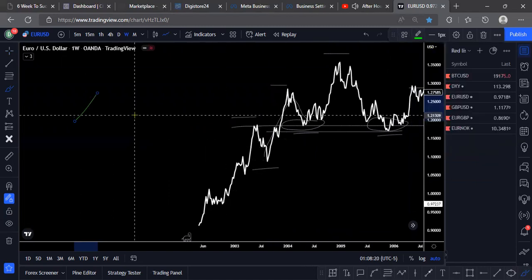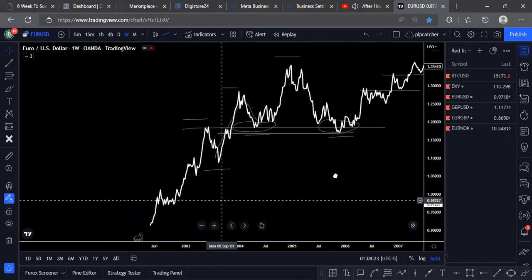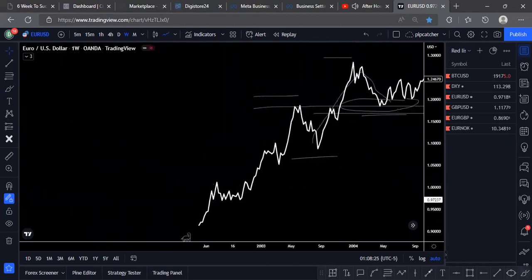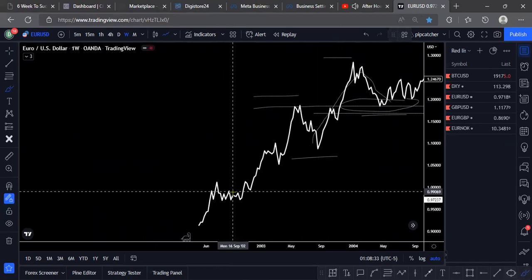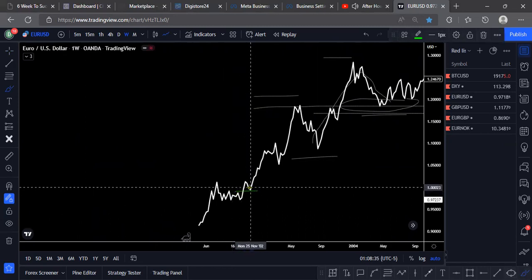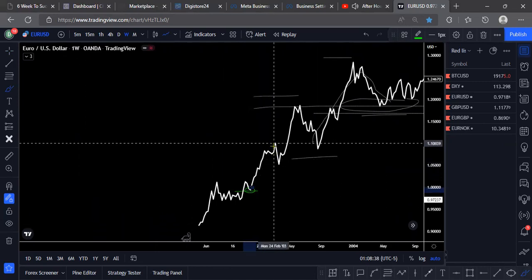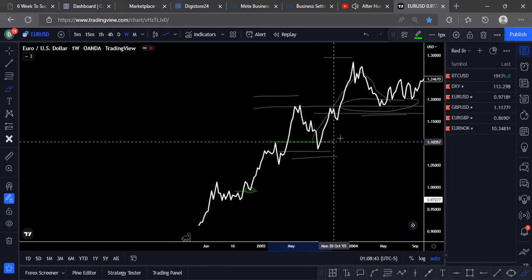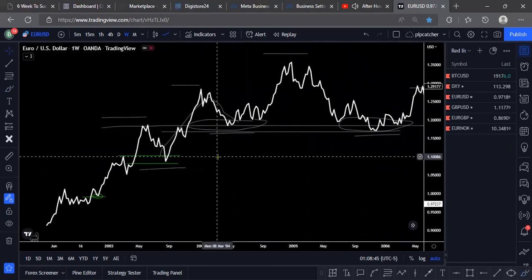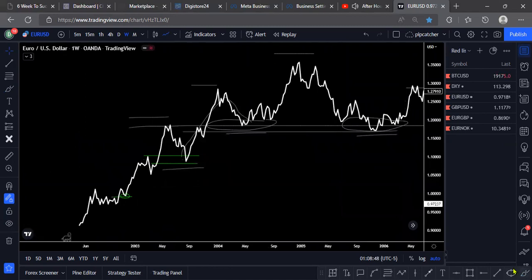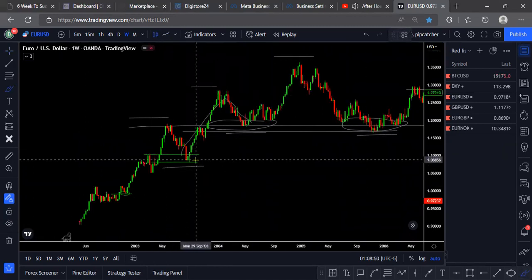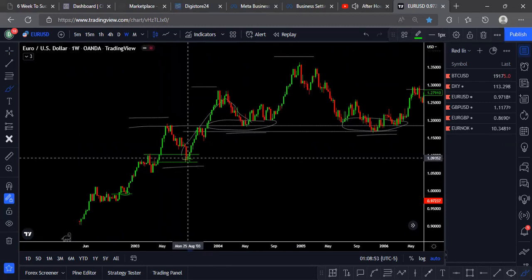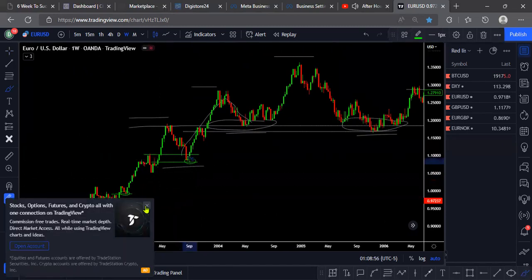Let's go green. Oh, look at that buy. That's such a clean buy right there.